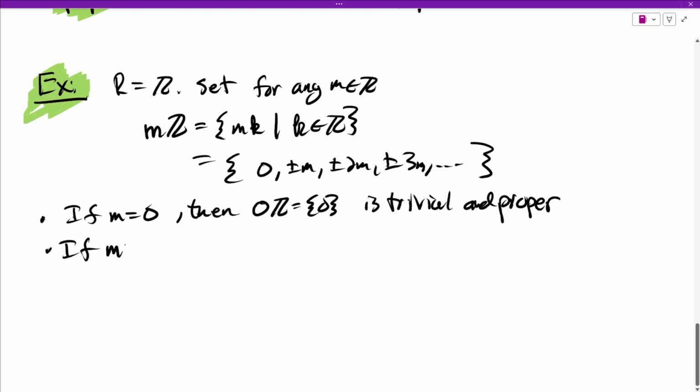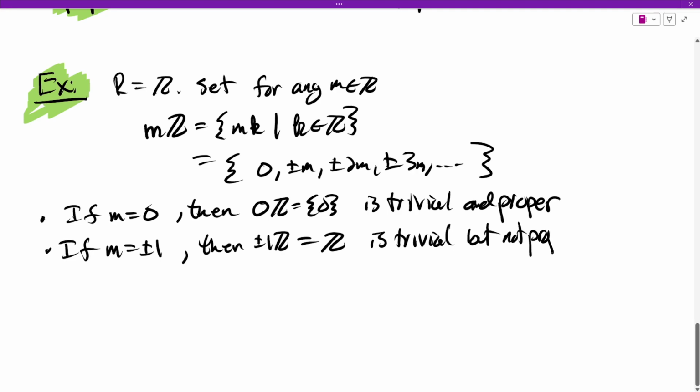If m is plus or minus 1, everything is a multiple of plus or minus 1. Then you pick 1Z or negative 1Z, it's just all of Z. So this is a trivial but not proper ideal.